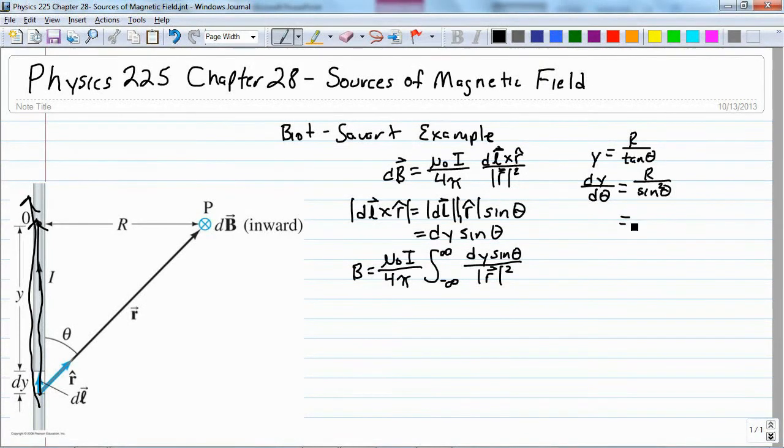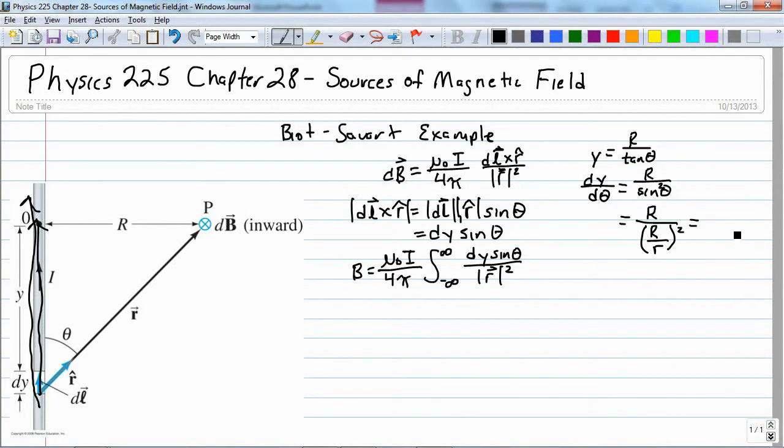But sine theta squared is just equal to, if I have sine, then that's opposite. Here's my theta. So it's opposite, it's going to be r over the distance R, and that's going to be squared.